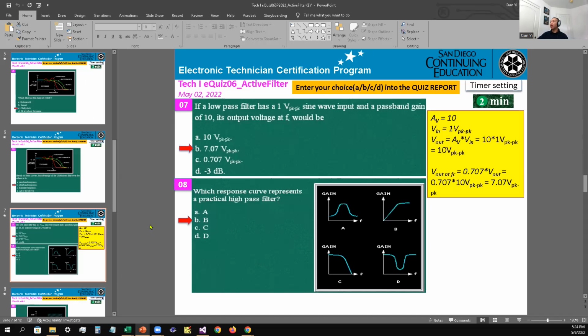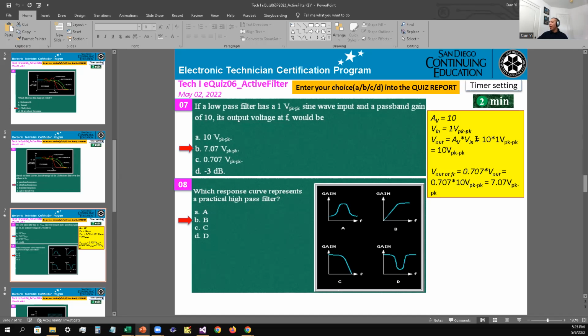Next set. Number 7, if a low pass filter has a 1 volt peak to peak sine wave input and a pass band gain of 10, its output voltage at fc would be? We know the gain is 10, and V in is 1 volt peak to peak.